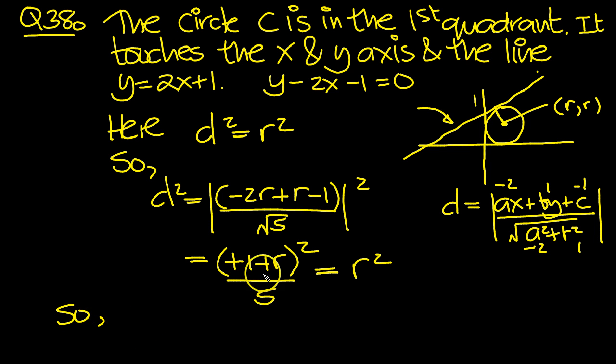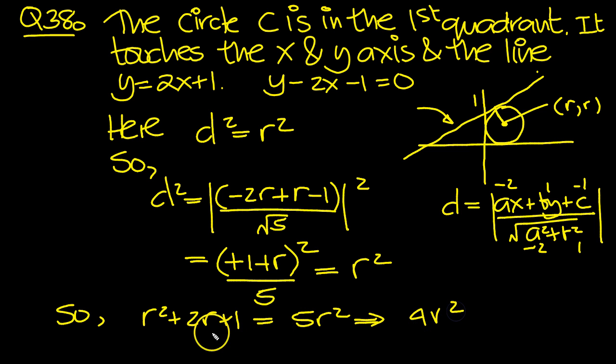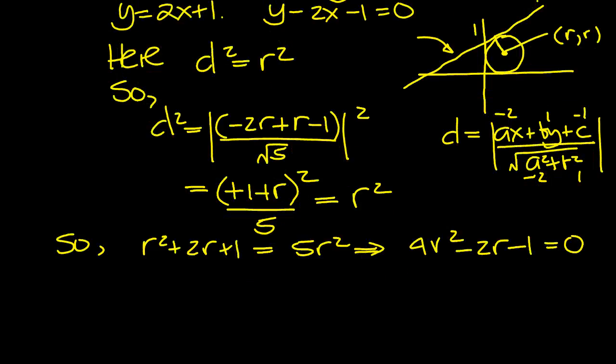Move the 5 up, we get this bracket, which is r squared plus 2r plus 1 when we expand it, is equal to 5r squared. That tells us then 5r squared take r squared is 4r squared, minus the 2r when you bring it over, minus 1 equals 0. So what have we got then?